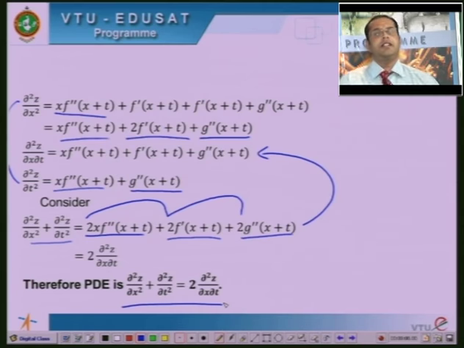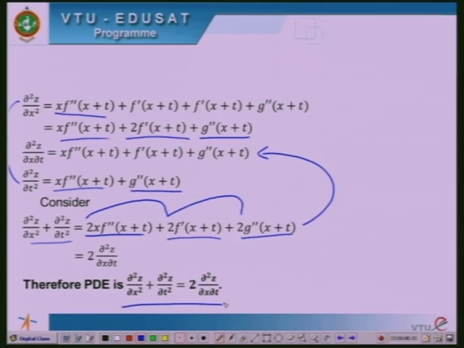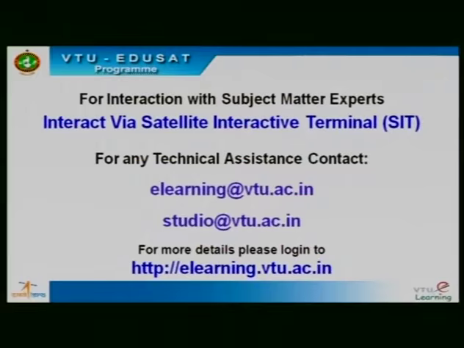So, friends, in today's session, we have seen the formation of a PDE by the elimination of arbitrary functions in a given relation. Notice that the order of the PDE is exactly equal to the number of functions eliminated from the relation, not like when you did constants where the order of the PDE was equal to the number of independent variables.